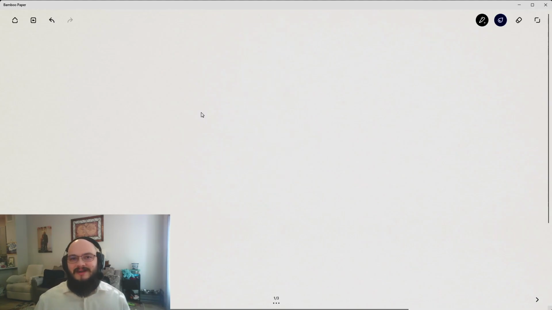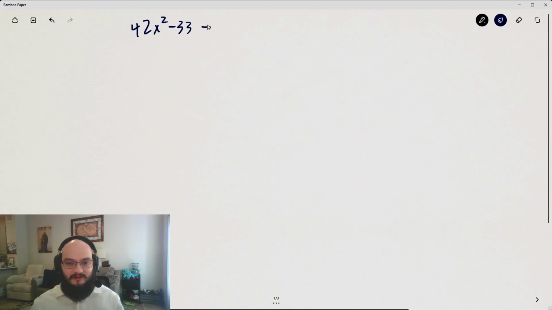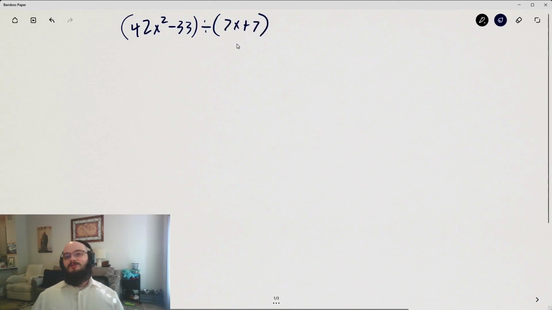Let's do one more example that requires an extra step. Our example is going to be 42x squared minus 33 divided by 7x plus 7. Here's why this one requires an extra step.